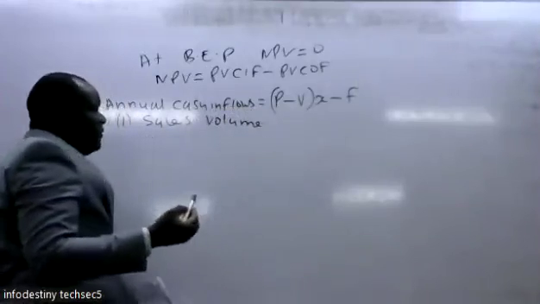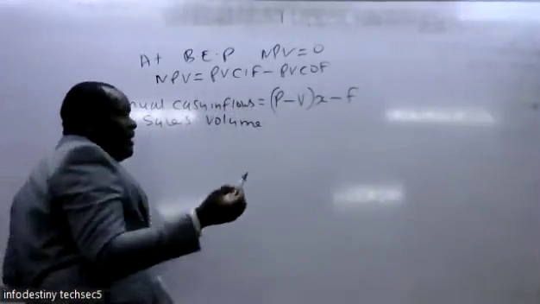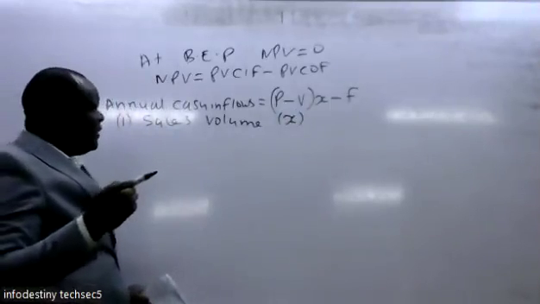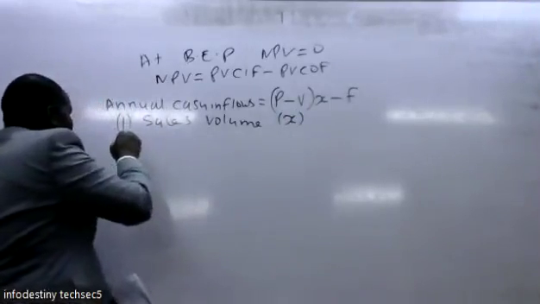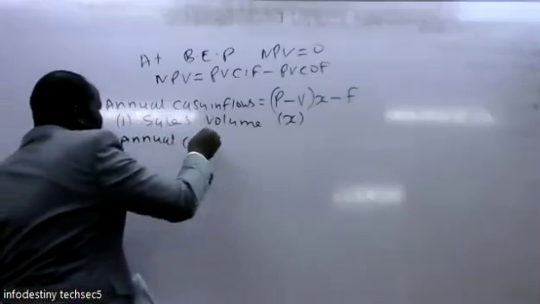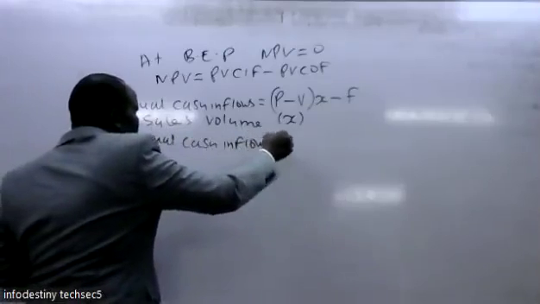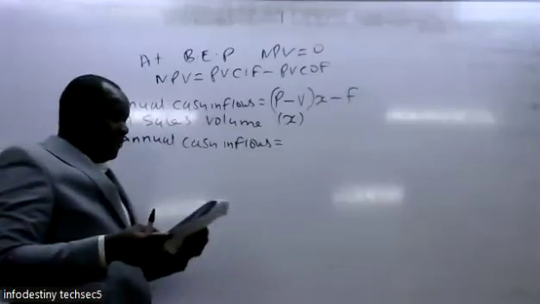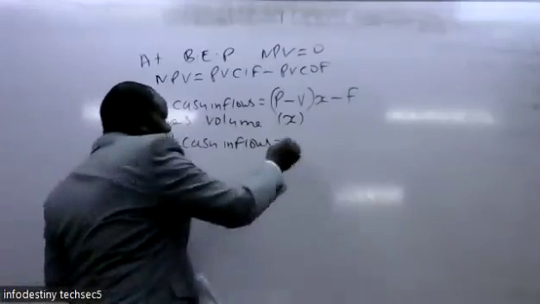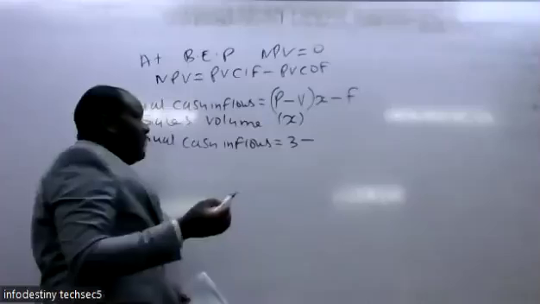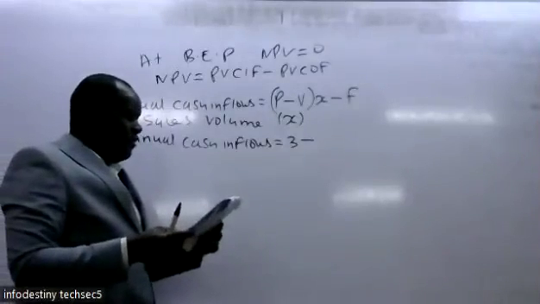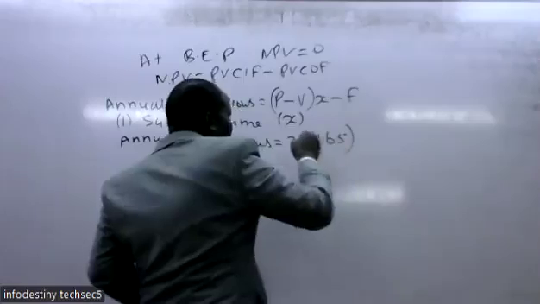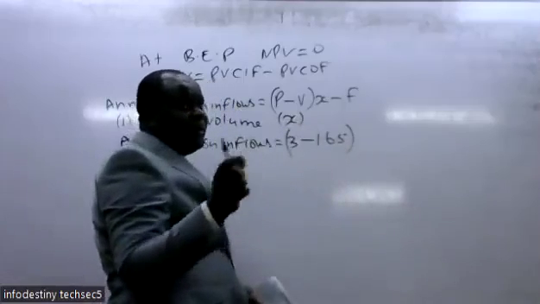That sales volume, we make it X. So our annual cash inflows will be: P is the selling price per unit, which is given as 3 shillings, minus V, the variable cost per unit, which is given as 1.65, times X, because it is the one we are analyzing.